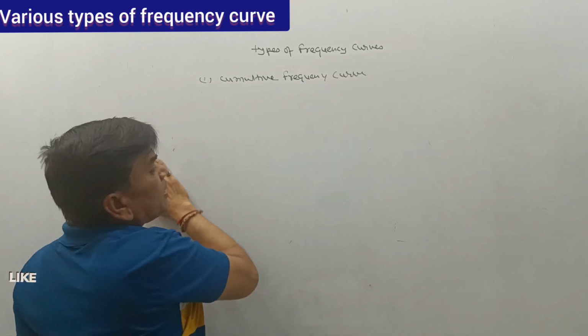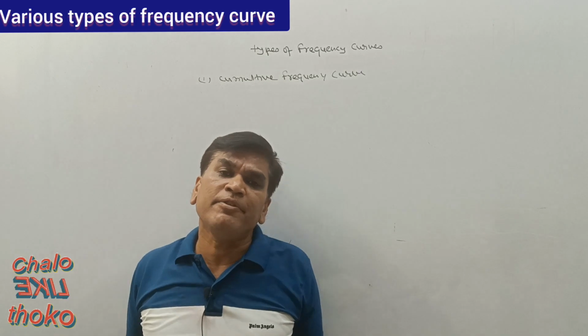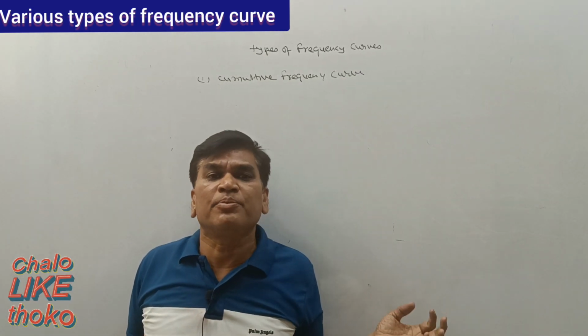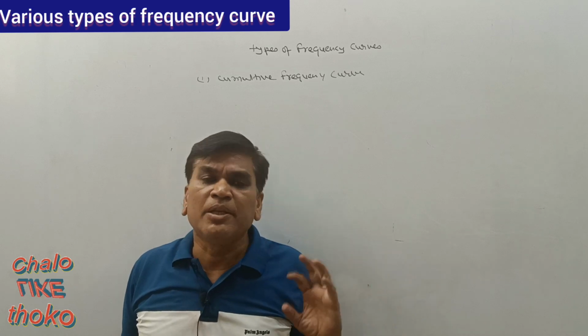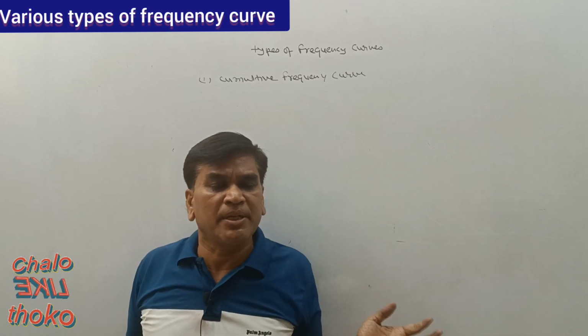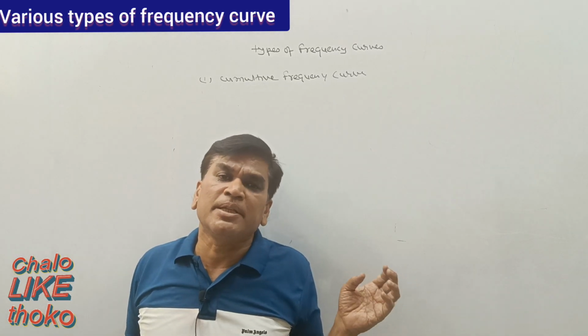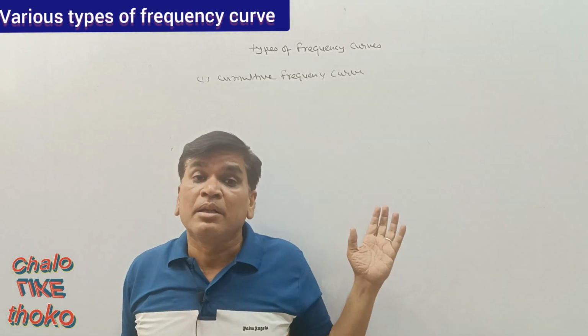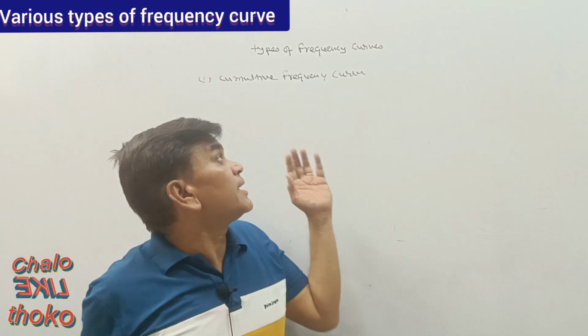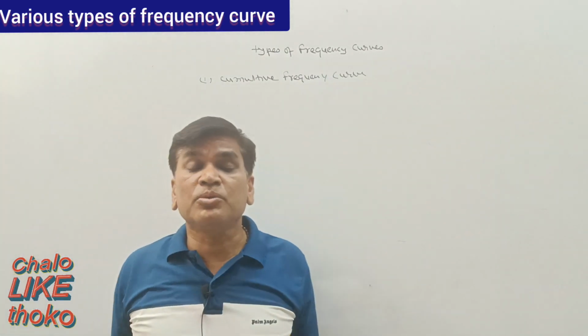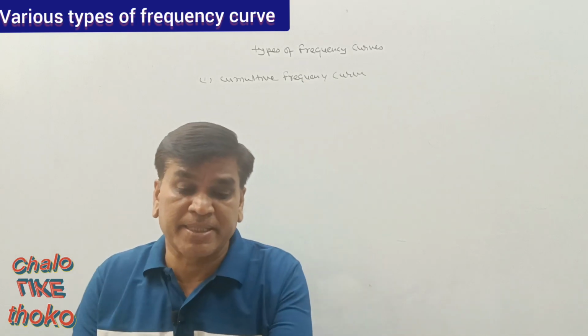To calculate the value of median, we have a graphical solution also. We can calculate the value of Q1, Q3, percentile, decile, octile, and median. All these depend on the ogive curve, which is the cumulative frequency curve. How to use this, we will discuss.